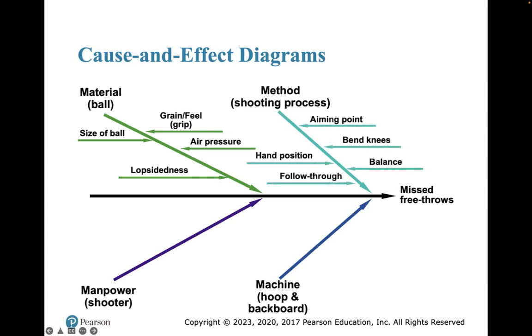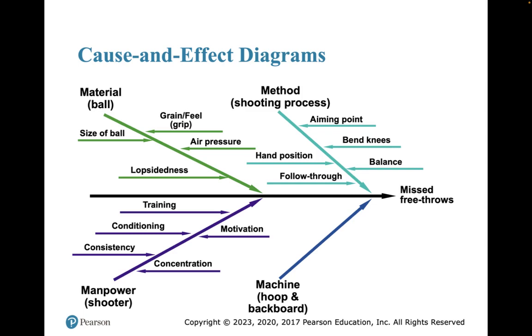Or let's look at the method and how we're shooting the ball. Maybe we're not bending our knees. Our hand positions are off. Maybe we're not following through on the ball. Those are all some reasons why we might miss free throws. And of course, we also have to reflect on ourselves, the shooter. Are we trained enough? Are we conditioned enough?